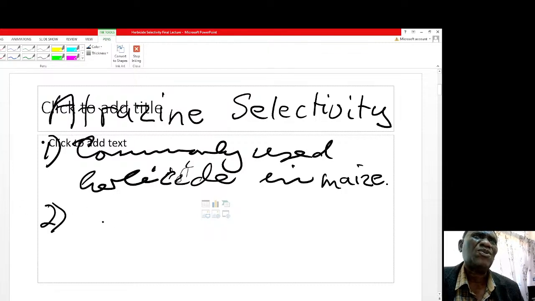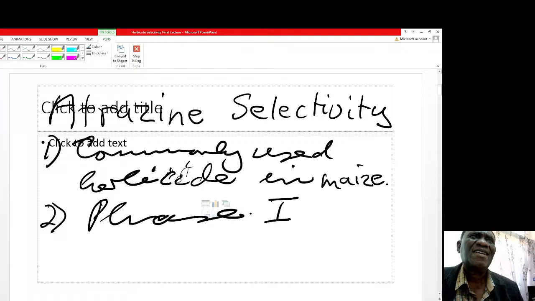So we want to look at phase 1. Let's say this herbicide has entered the maize plant after application.